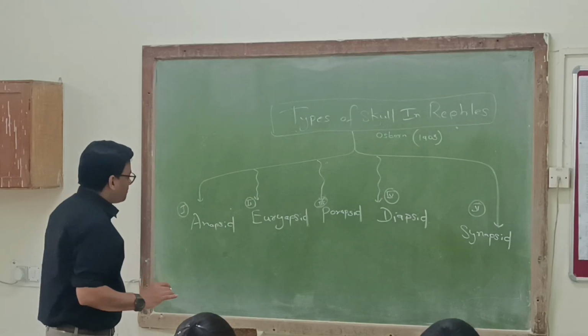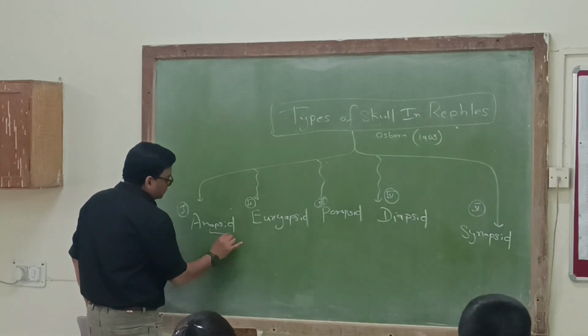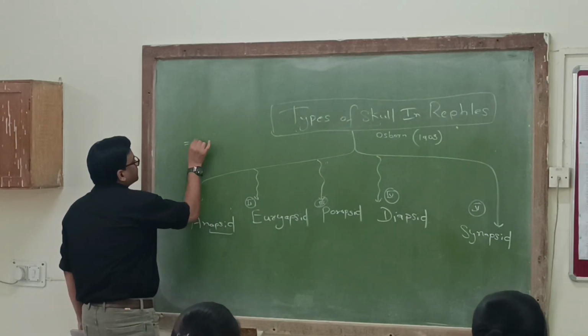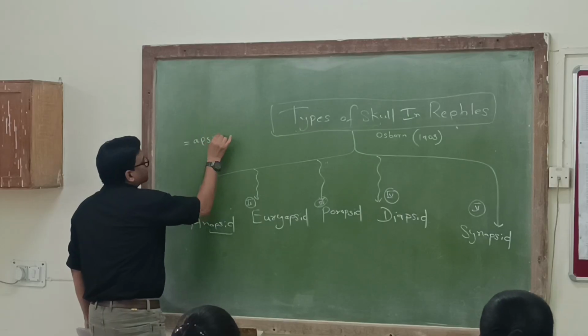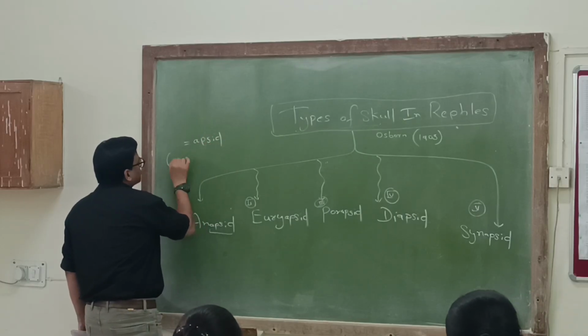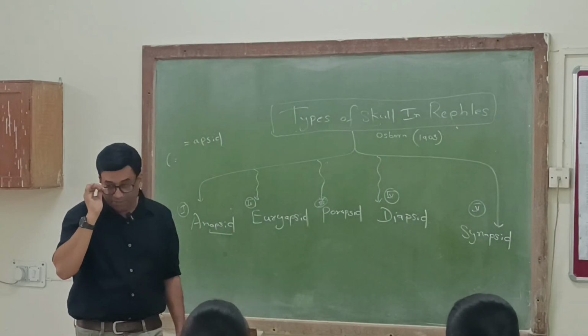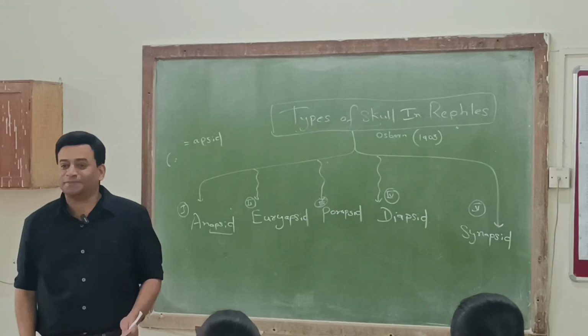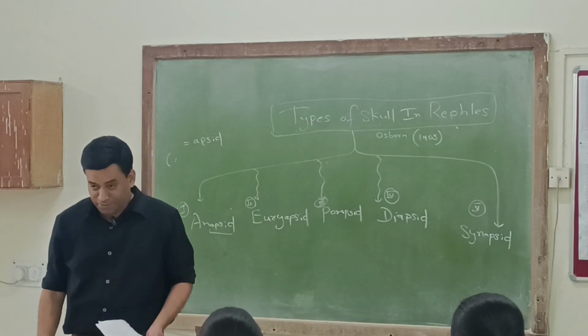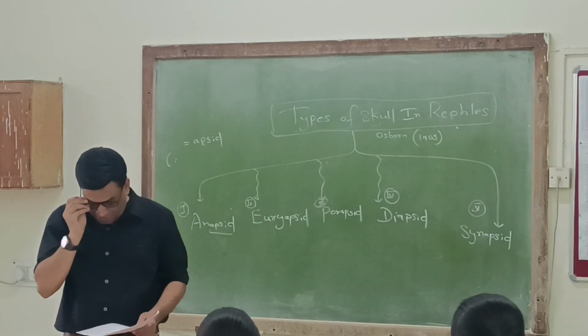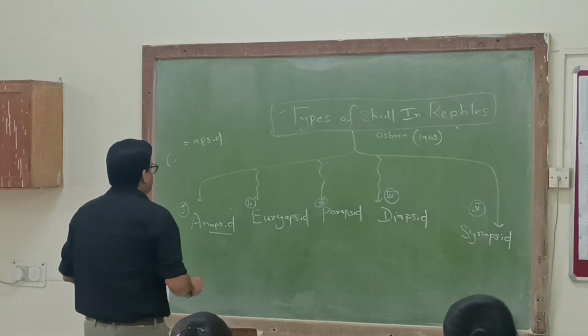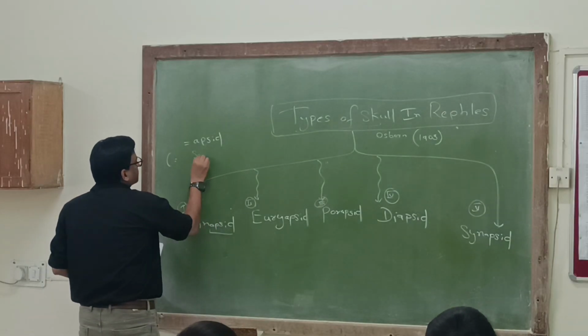First we have to understand what is apsid. Any one of you, can you tell me what is apsid? So apsid comes from the Greek word. It is actually a suffix.